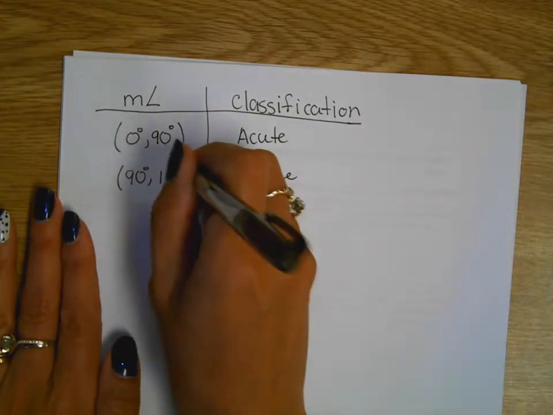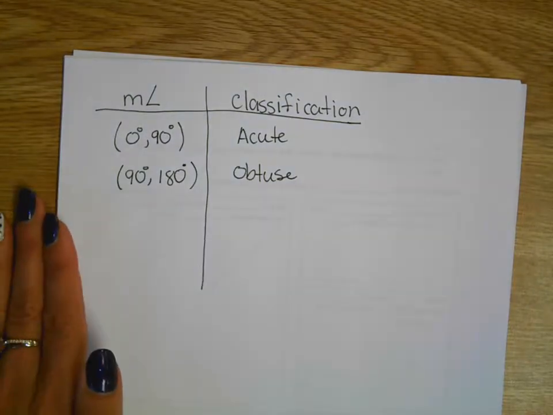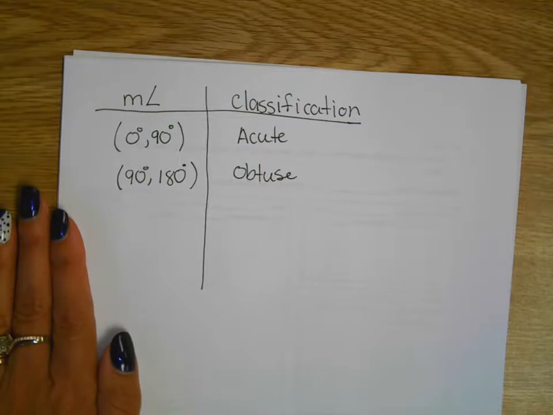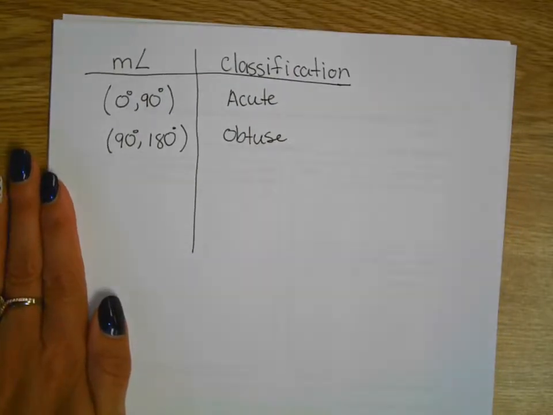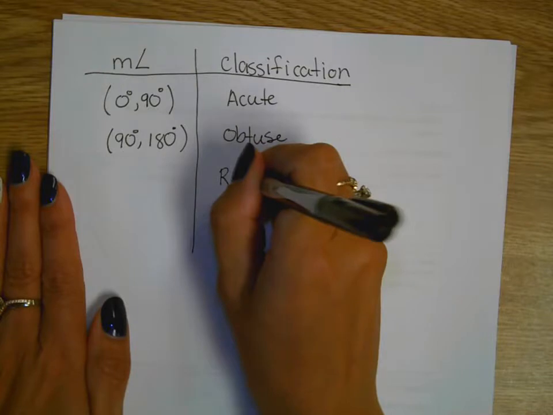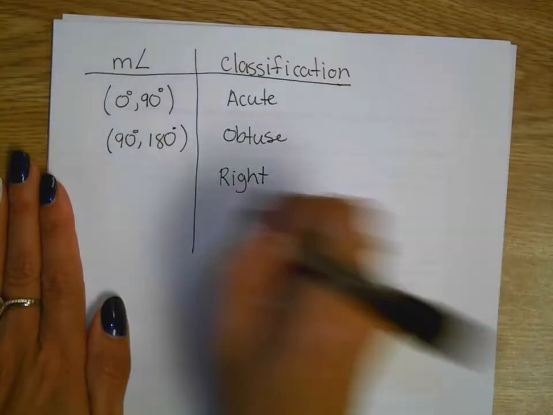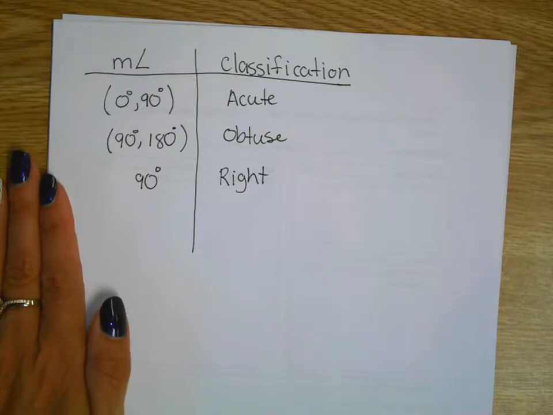Staying under 180, so not including those endpoints. Another angle. Right angle. And we only have one value there. And there's one more.